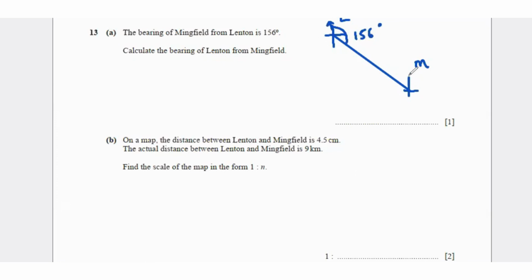They want us to find the bearing of Lenton from Ming field. So this is what we need to find. So we know that this is 156 and this first quadrant is going to be 90 degrees.